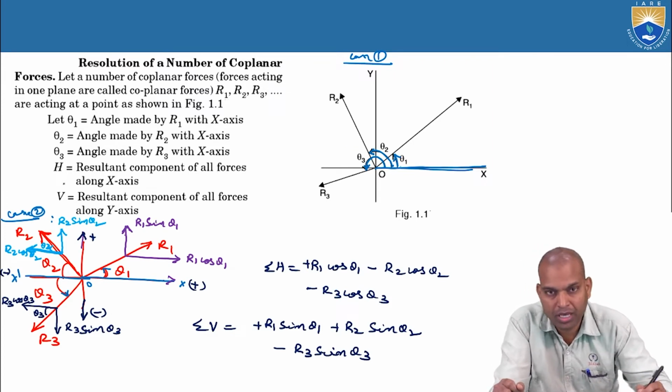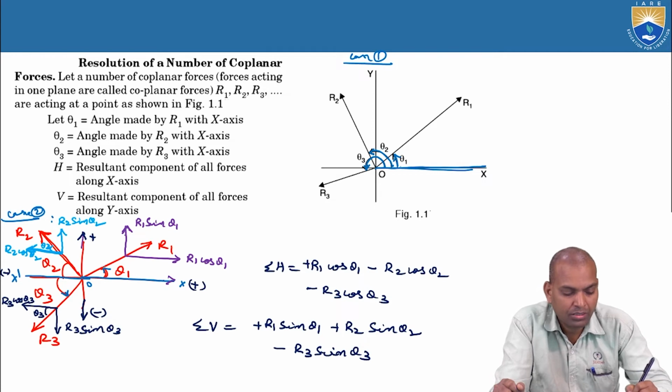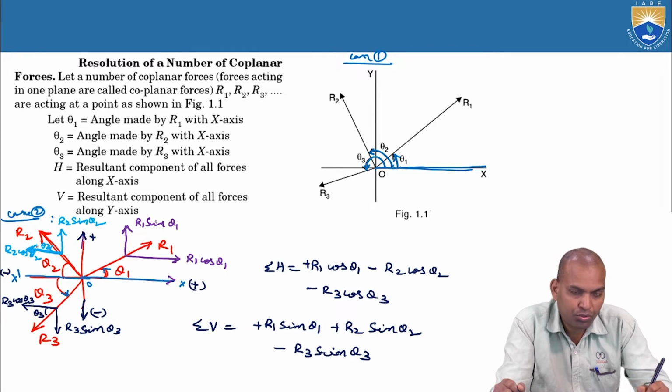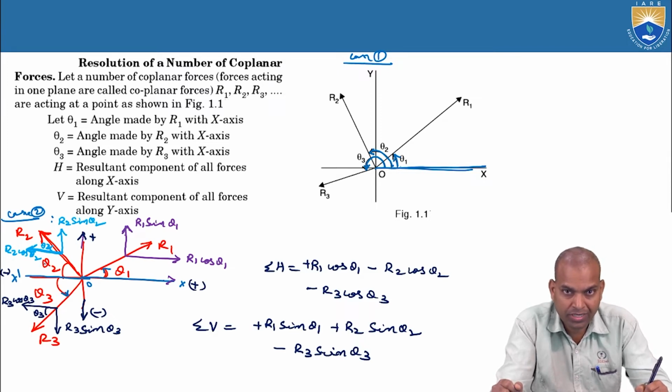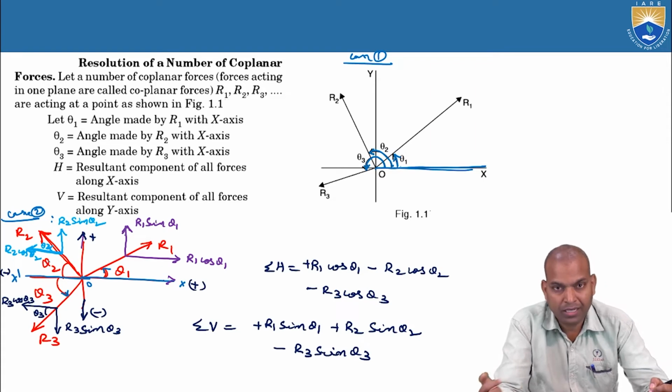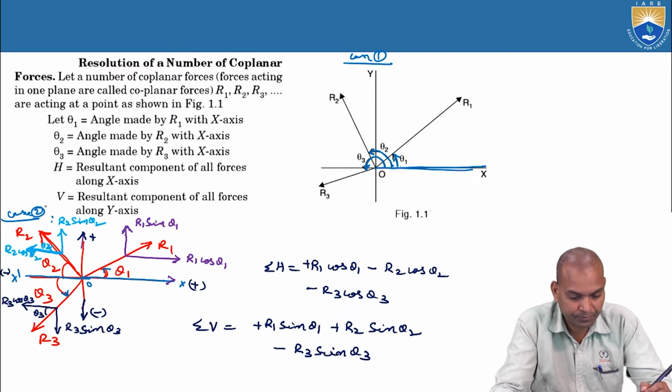Whereas in case 2, R1 is made with theta 1 from the positive x, and R2 makes theta 2 with OX dash, negative, and R3 makes theta 3 with OX dash, the negative x-axis. For that type of case study, this is how to resolve the components. So this is the methodology of resolution of a number of coplanar forces.